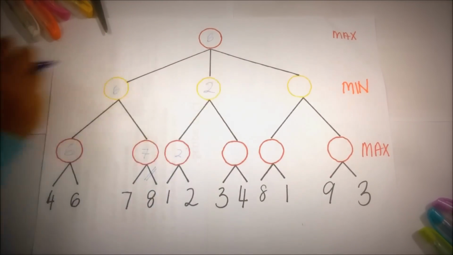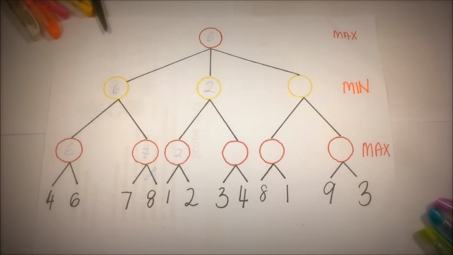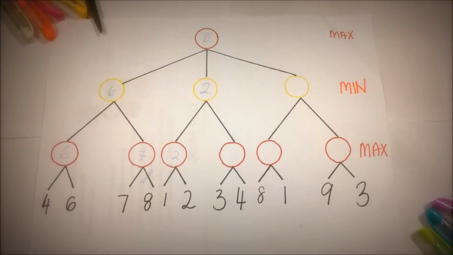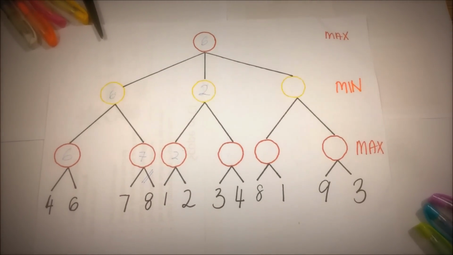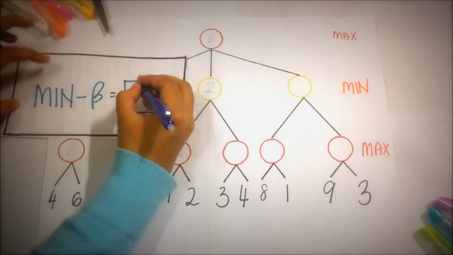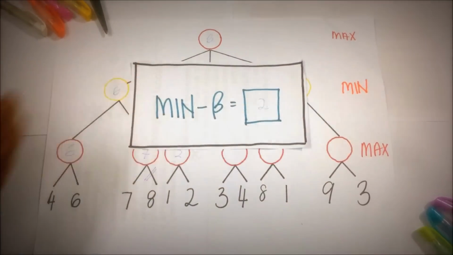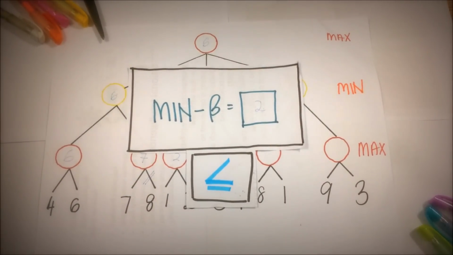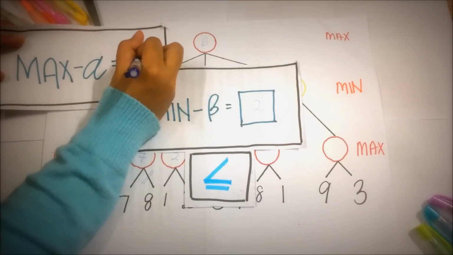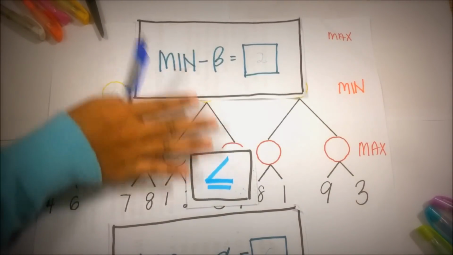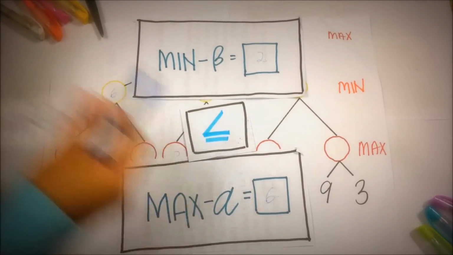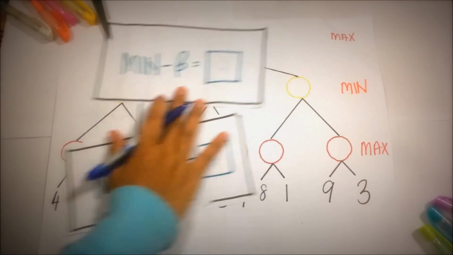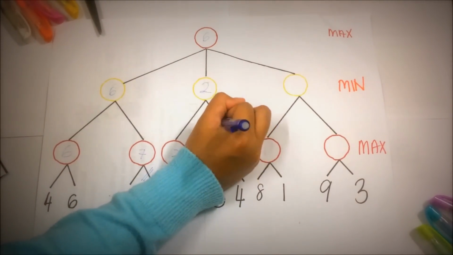By applying the pruning rule for minimum nodes, if the minimum value, which is the beta, 2, is less than the maximum alpha ancestor, we can prune the nodes. So that's why we prune here.